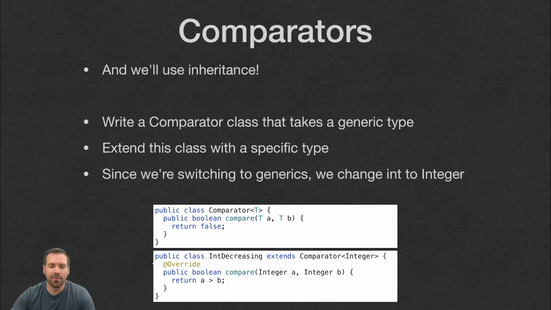So if I don't have my override annotation and I have int and I'm not using abstract methods, well, now when I create a class of type IntDecreasing and I'm using that to sort, my compare method always returns false. Everything kind of on the surface seems right, but I had a multitude of opportunities to catch that mistake, and if you miss them all, you can have a mistake there.